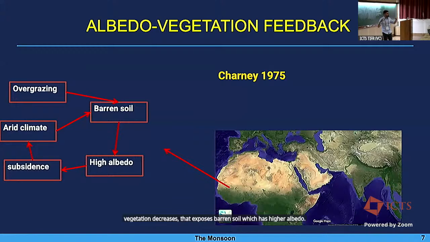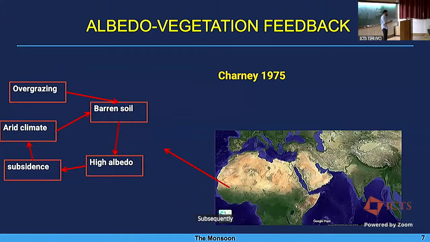Higher albedo, more subsidence in that region. More subsidence leads to enhancement of arid climate in that region, which further creates more barren soil. So this is a positive feedback loop, right? So this was the main proposition of this paper.